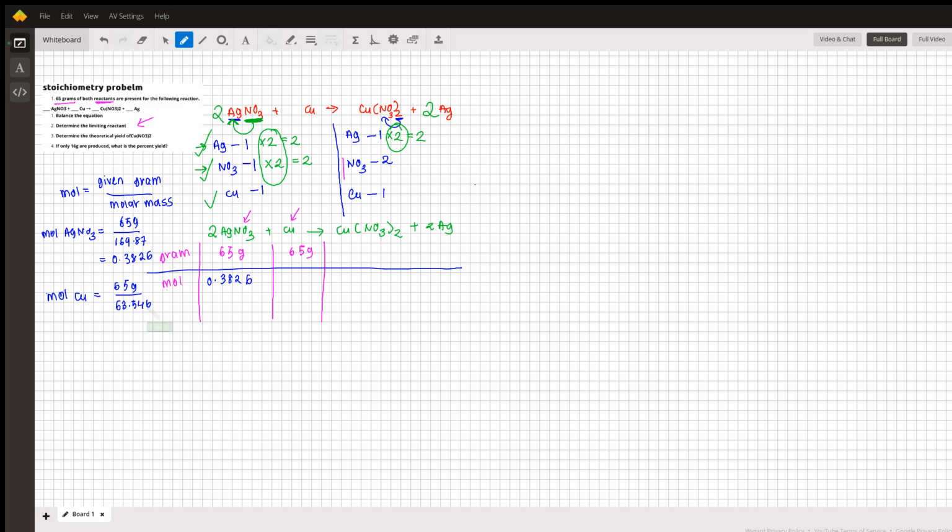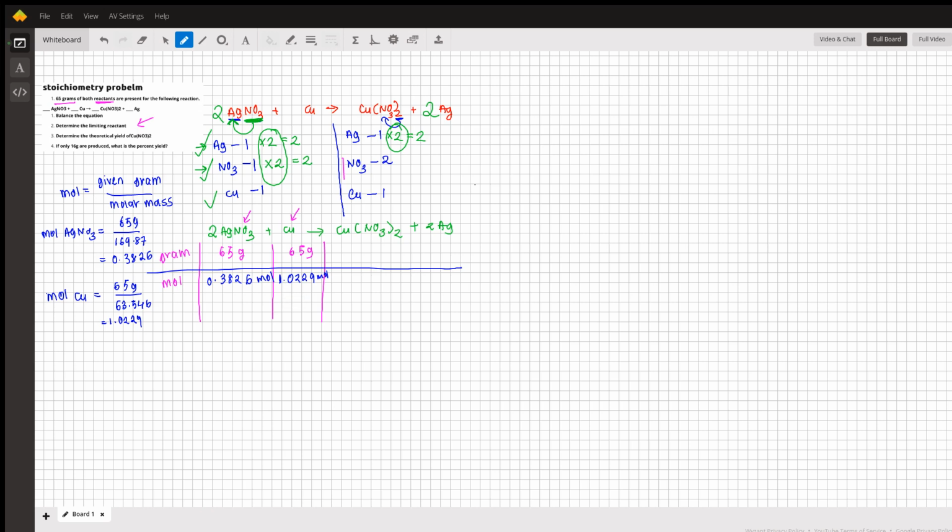So 65 divided by 63.546 equals 1.0229. So here you have 1.0229 mole. Both of them are in mole. Now you have the mole of silver nitrate and copper.